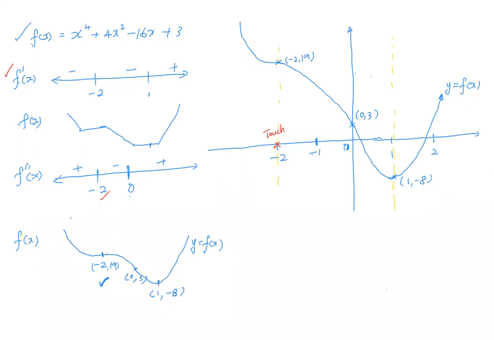But this one, it will cut. Here it goes down, from very negative, touch. So it won't go up, it turns. And it doesn't go down straight away, so it has to have another inflection point here.